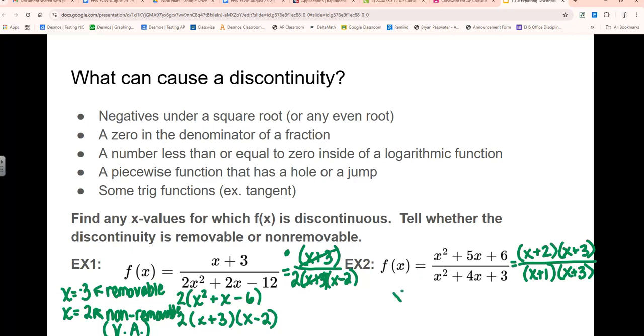So it's x equals negative 1 and x equals negative 3 there. And which one of those is going to be a hole? The x plus 3, because it cancels, so that means our negative 3 right here, that is our removable discontinuity, and x equals negative 1 is our non-removable.